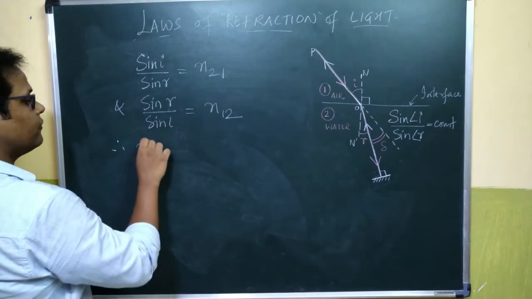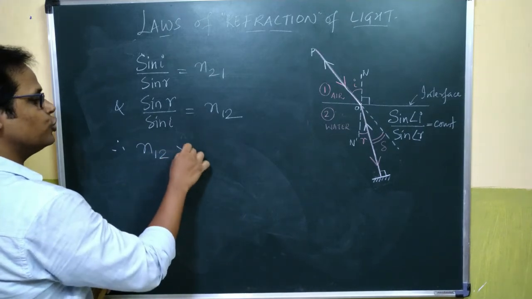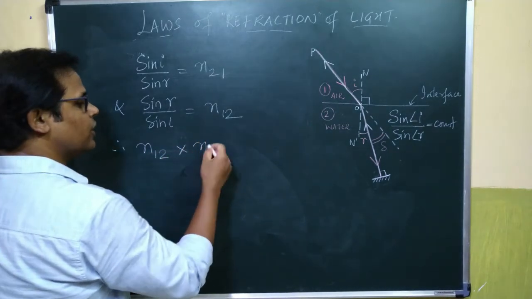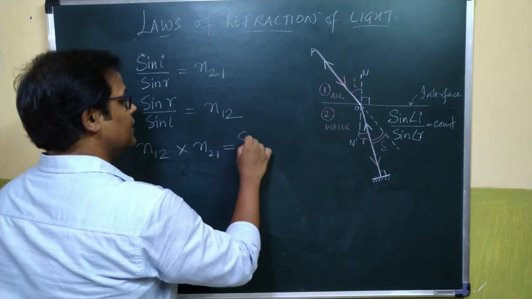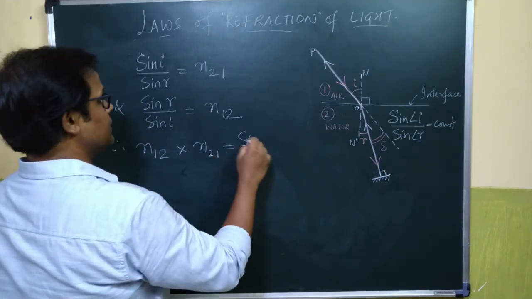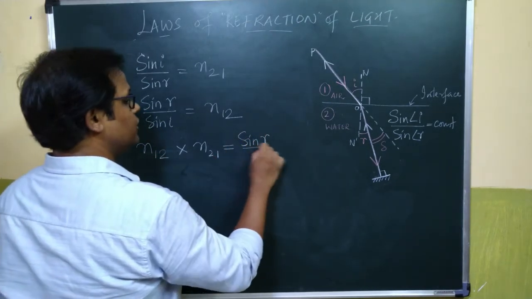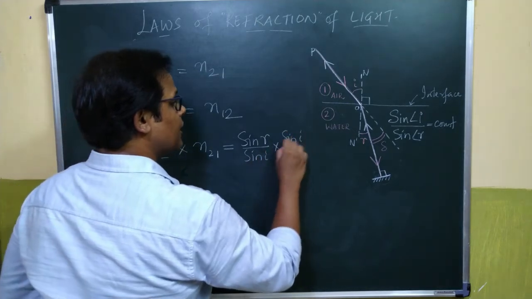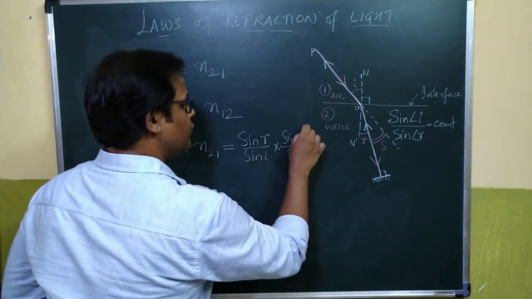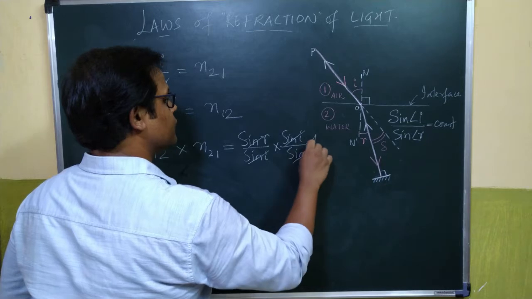So if I multiply n12 with n21, sine r by sine i multiplied by sine i by sine r, you lose everything and you're left with 1.